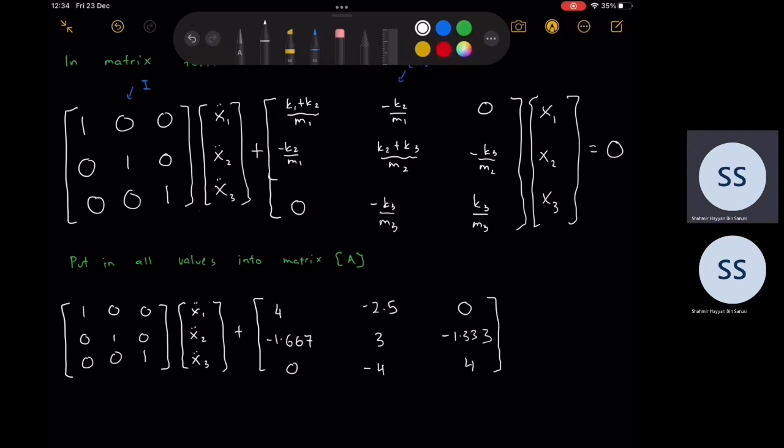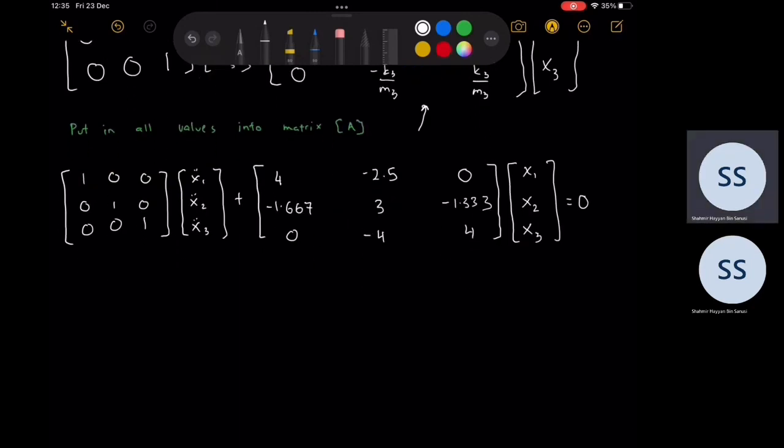I put in all the values in matrix A, the K1, K2, M1, and everything, times x1, x2, and x3, equals 0.